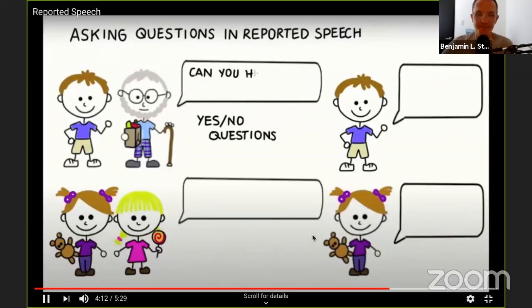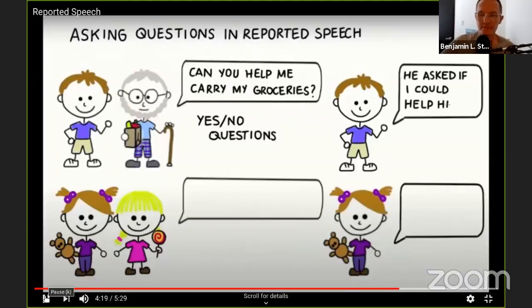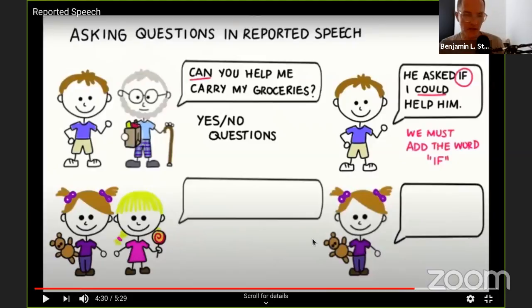For example, can you help me carry my groceries? To change this to reported speech, we must use the word if. He asked if I could help him. Notice the word can changes to could. All right, so two key points for yes/no questions. The inclusion of the connector if.